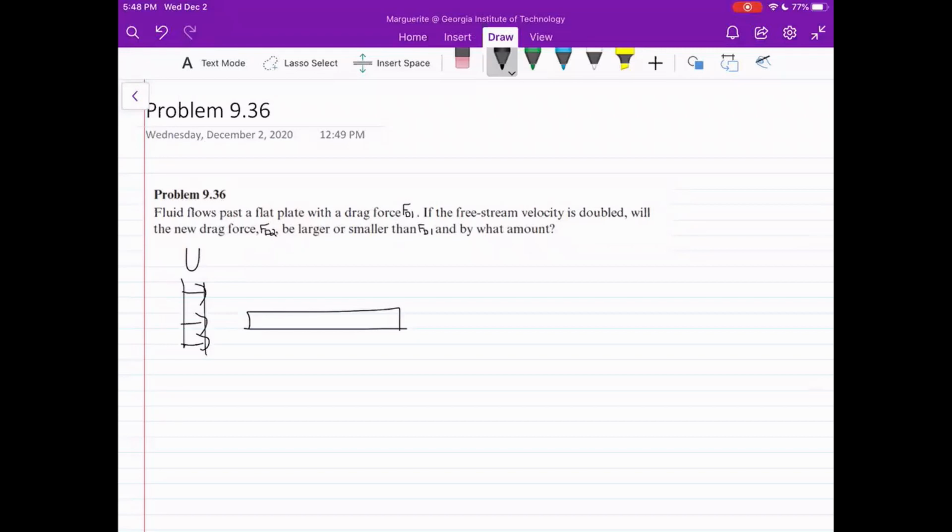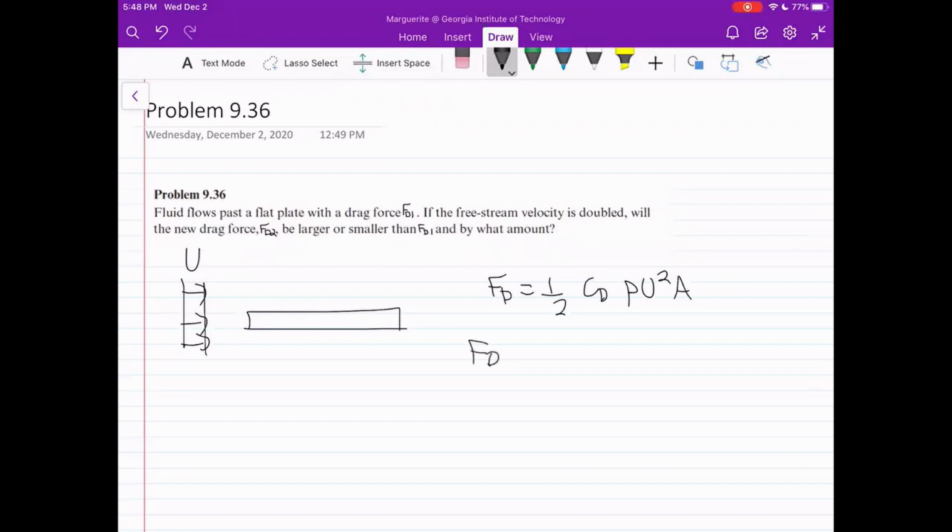If we write this out, we know that the drag force equals 1/2 CD rho U squared A. I'm just taking this from our definition for the coefficient of drag.